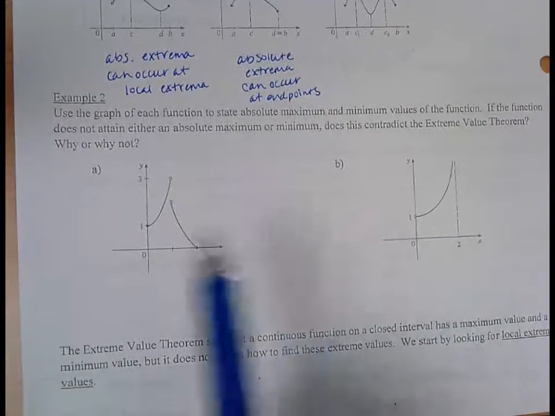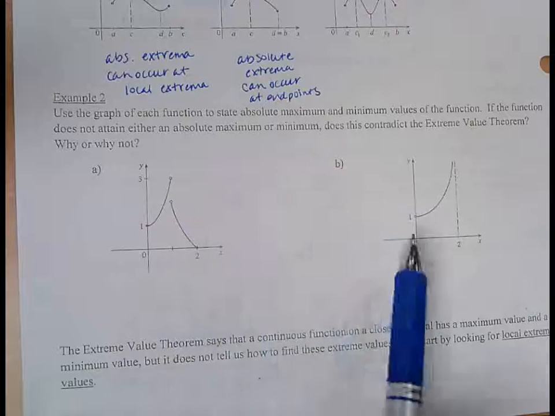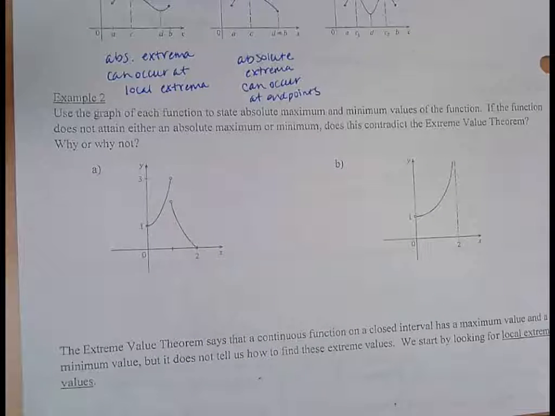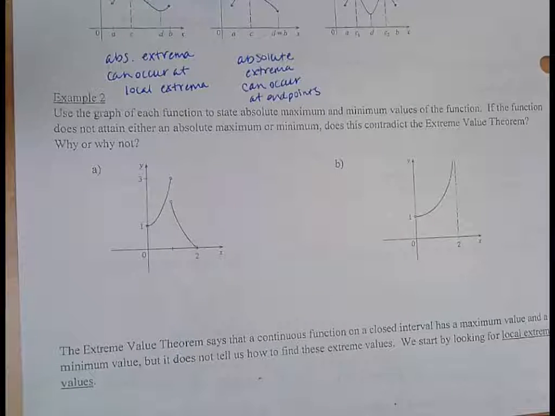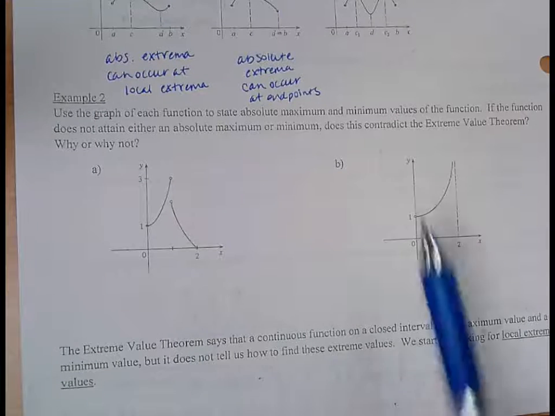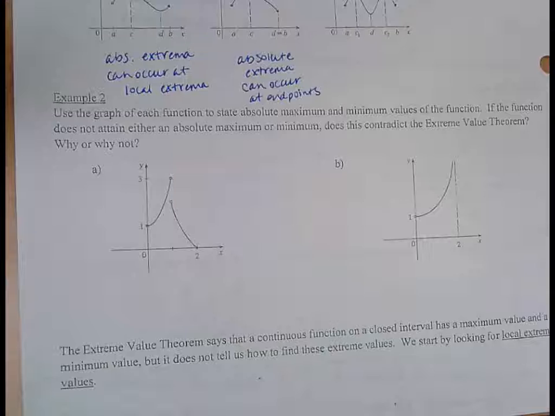So what I included example 2 for was just for you to look at those two graphs and state what the absolute max and min values are, and if they don't have either an absolute max or min, ask yourself, is that contradicting the extreme value theorem, why or why not?